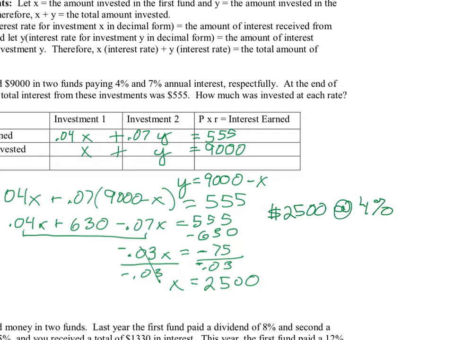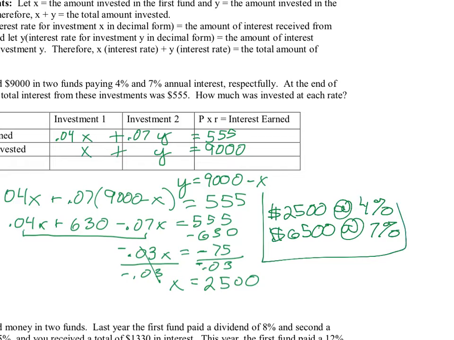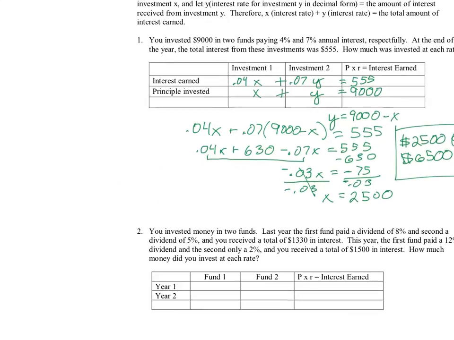And then if I take 9,000 minus 2,500, I've got $6,500 at 7% interest. That's the answer to the question.